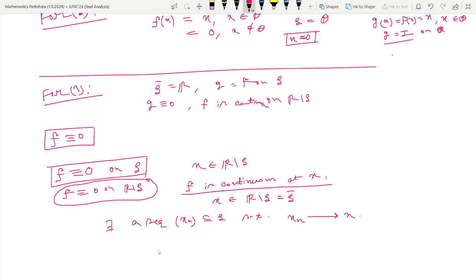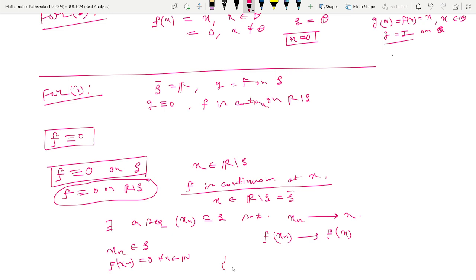Now see, as f is continuous at x, by the sequential criterion we have f(xn) tends to f(x), and as all xn are from S, and we have f identically 0 on S, so we must have all such values f(xn) equal to 0 for all n belongs to N.